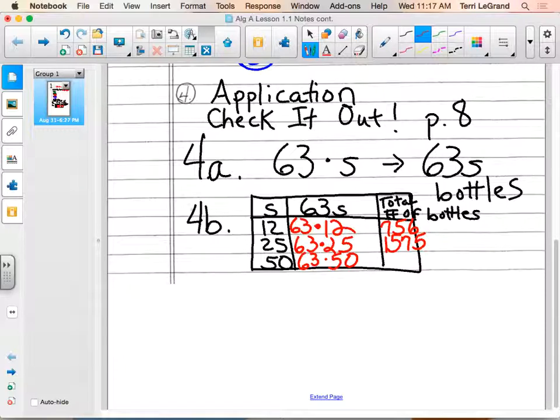Okay, I'm going to predict. I think it's about 3,150. Am I right? Okay. 1,500 doubled is 3,000. 75 doubled is 150. 150 plus 3,000 is 3,150. And we are done.